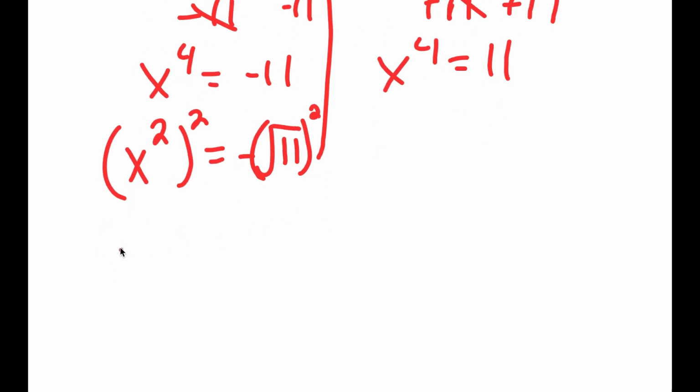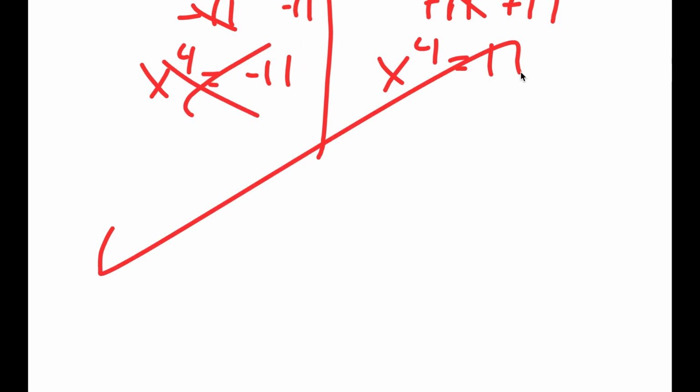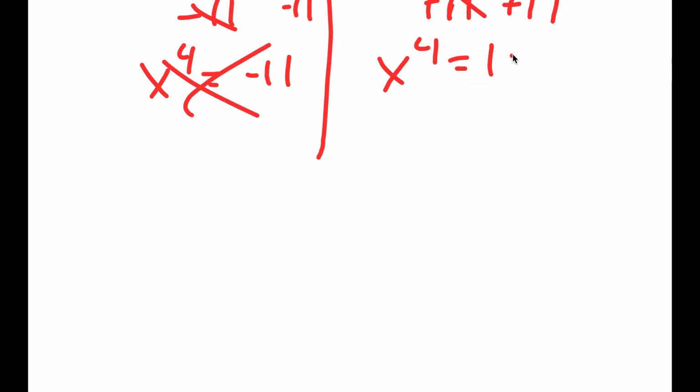And now this means that x squared to the power of 2, this actually has no solution because I have a number to the power of an even number exponent equaling a negative number. So this is wrong. x to the power of 4 is equal to 11.